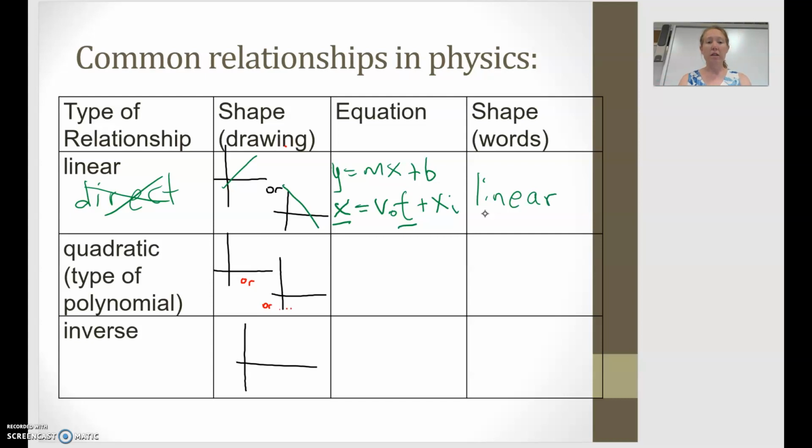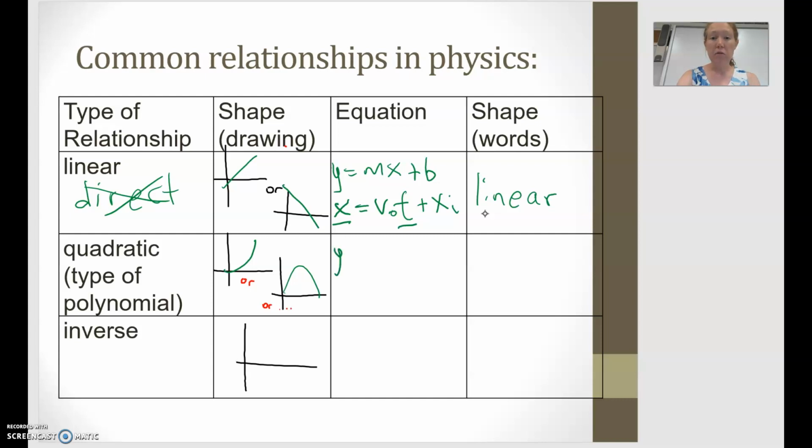Okay, another very common one is a quadratic relationship. So in physics, sometimes we have half the parabola. Sometimes we have the entire parabola, like upside down. There are so many possibilities, but usually that's the only type of polynomial. We're not doing the third power or the fourth power. Once in a while we would have a square root, but quadratic is the most common.